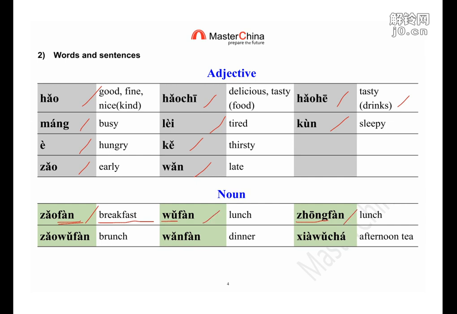And next one is brunch. So brunch, in English, you say breakfast and lunch together, right? Same idea for Chinese people. They put 早 is early, breakfast, right? 早, and 午 noon. So early, noon, meal, brunch. And 晚饭, that's late. That's for the dinner. Late meal is dinner, right?